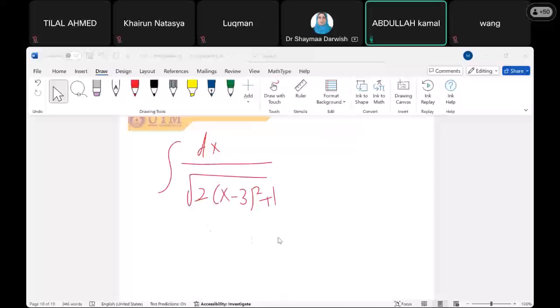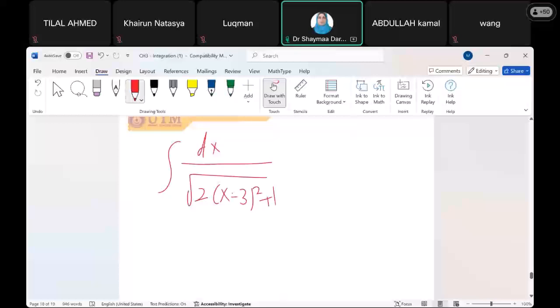We need to use substitution here, because all this has to change to t squared. We cannot multiply by any number. So t here should be square root of 2x minus 3.